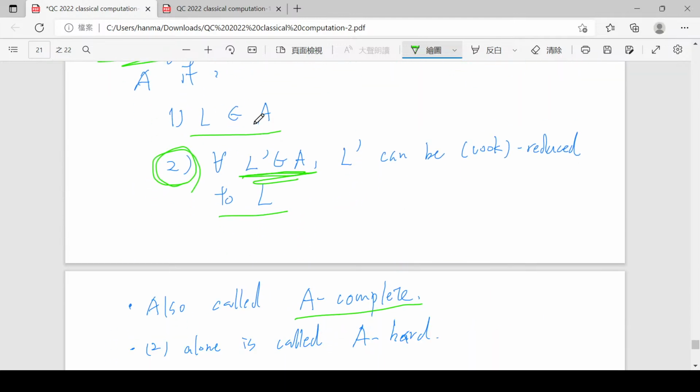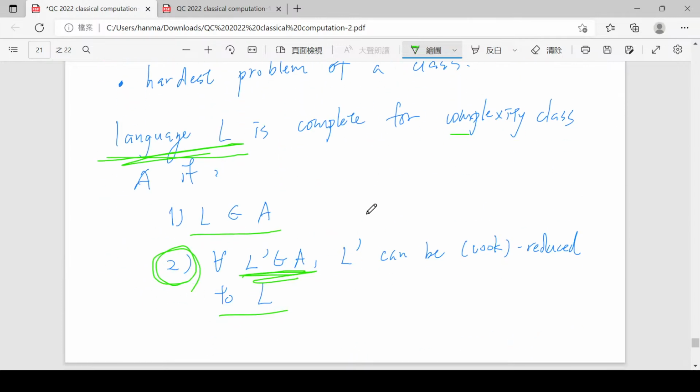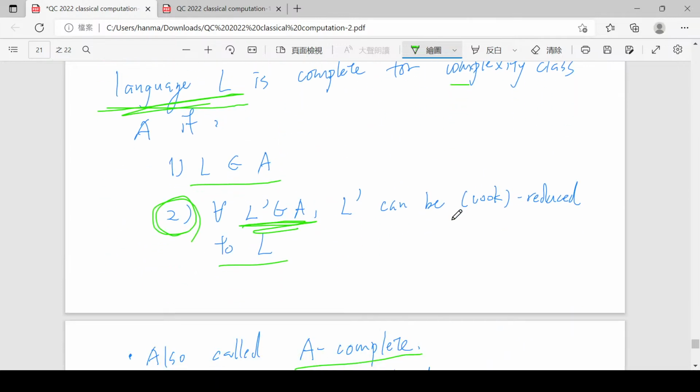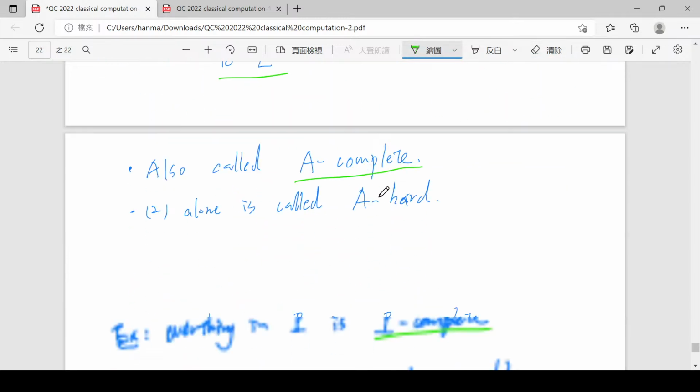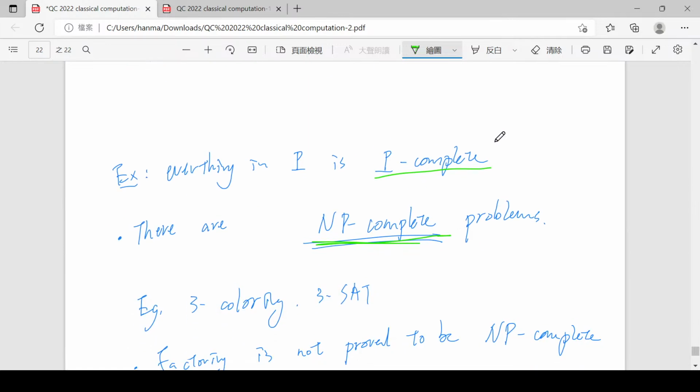Everything in P is in P, and when you do this reduction, you don't need to do the reduction, because when we do this reduction, we allow polynomial time overhead. So you can just use the polynomial time overhead to solve your problem, and you don't need to actually call this subalgorithm.